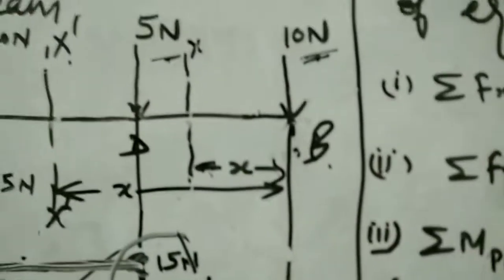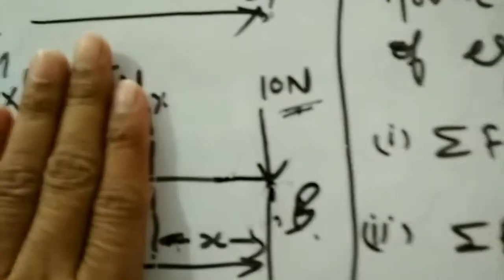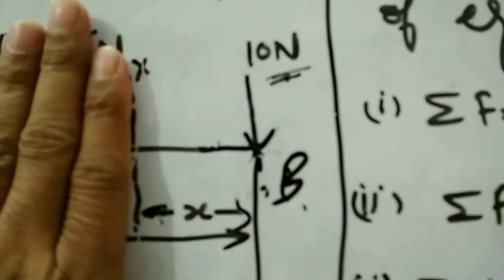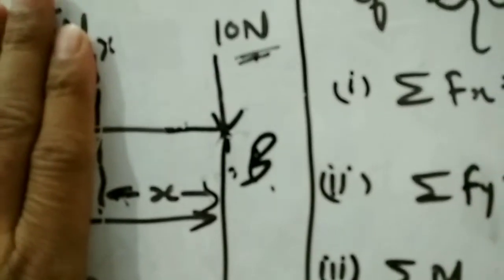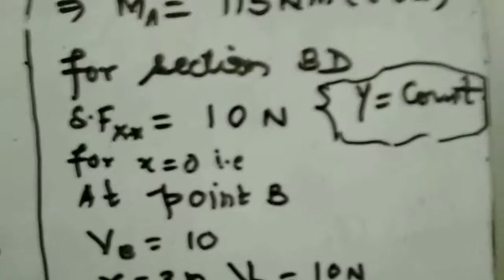We will consider a section line XX at a distance of x from end B. At the section line XX, we will consider the right part of the section. So there is only one vertical force, 10 Newton, acting downward. So the value of shear force at section XX is 10 Newton.